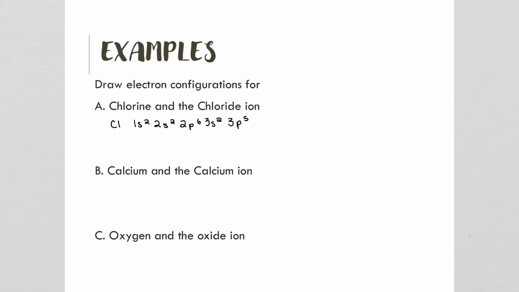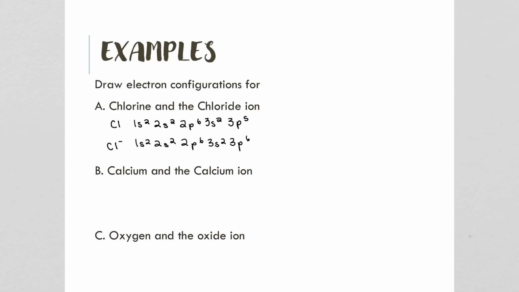It's almost at the noble gas position. But then the chloride ion would be 1s2, 2s2, 2p6, 3s2, and 3p6. So it's isoelectronic to argon.